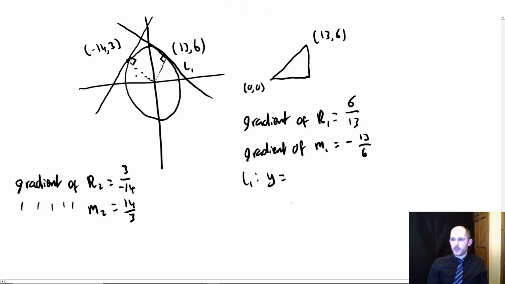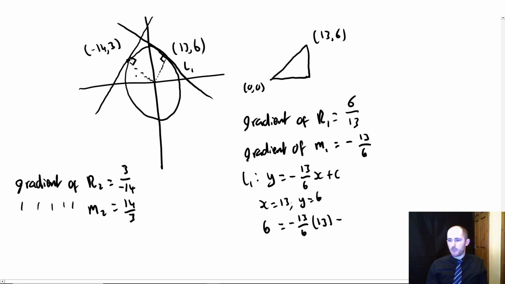Currently the equation looks like this. So to work out C, I'm going to sub in the coordinate that x is equal to 13 and y is equal to 6. So we get 6 equals minus 13 over 6 times 13 plus C. So C is just going to equal 6 plus 13 over 6 times 13.